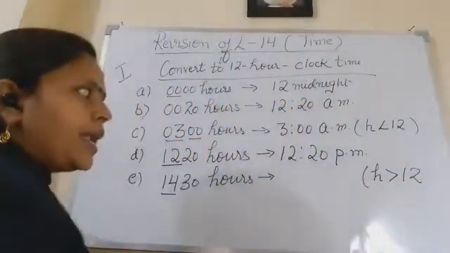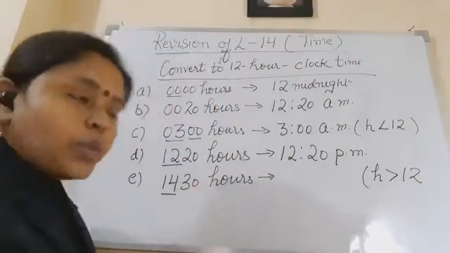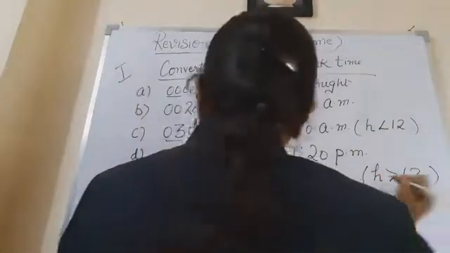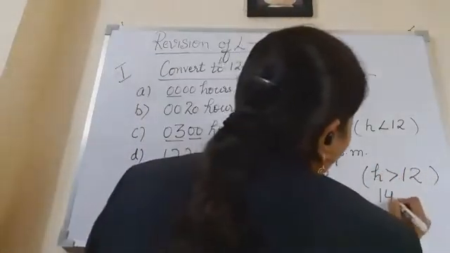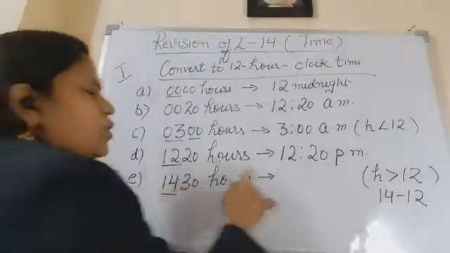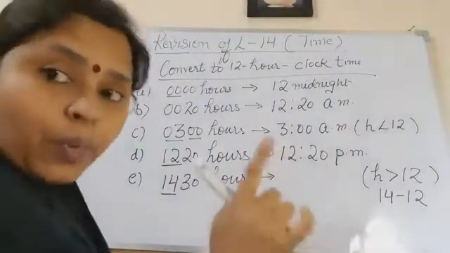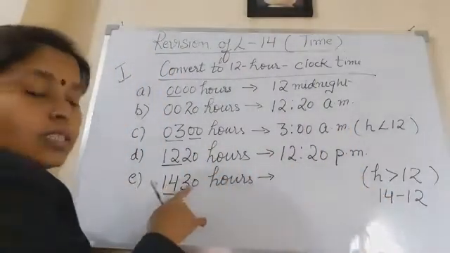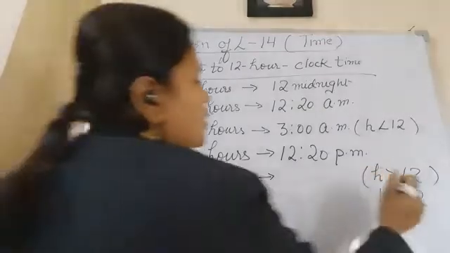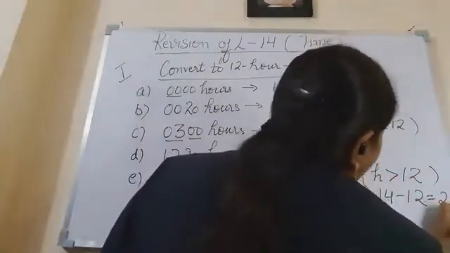So in order to find the time in 12-hour clock, what are you going to do? First of all, you are going to subtract 12 from the hour. Here the hour is 14. So we will subtract 12 from 14. So this step we will do only when the hour is more than 12, right? So 14 minus 12 is 2.